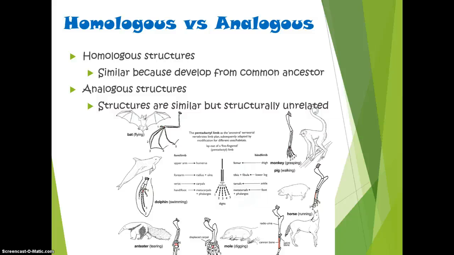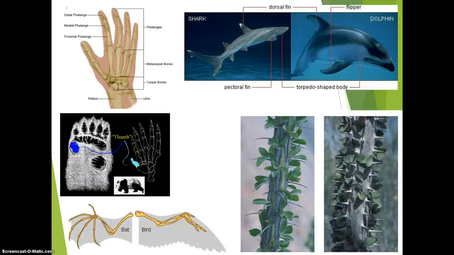Okay, so I've got a couple on here. I've got better pictures here. Something like the dorsal fin between the shark and the dolphin. Sharks are fish, dolphins are mammals. They do not come from a common ancestor, at least not too closely. But if you take a look at the dorsal fin, it's very similar. Those would be analogous structures.